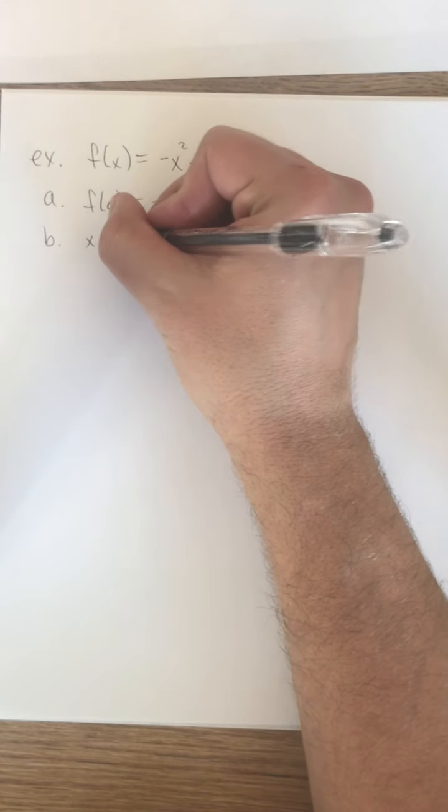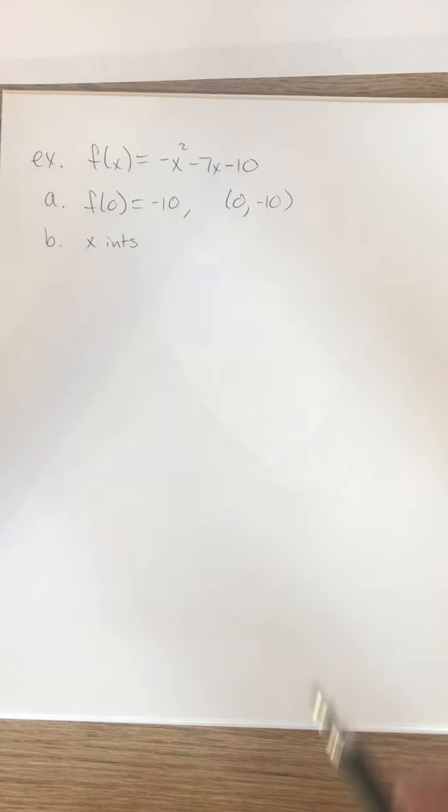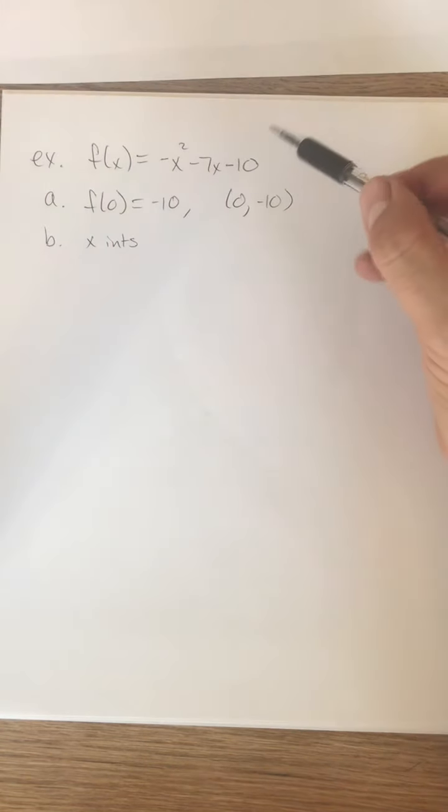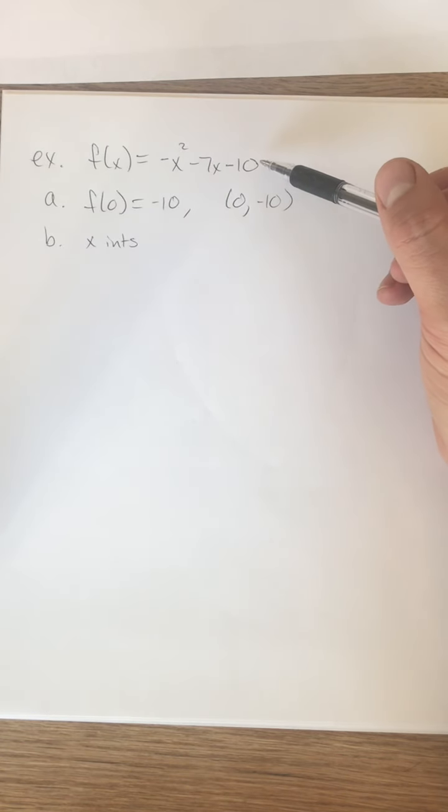And the x-intercepts. Since this is not in graph shifting form, remember we were talking about the k being the y-coordinate of the vertex. Now this is ax squared plus bx plus c.